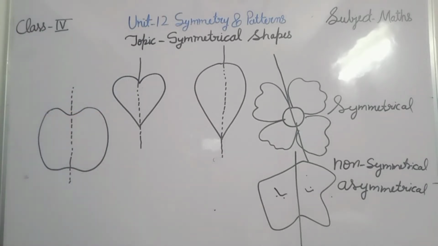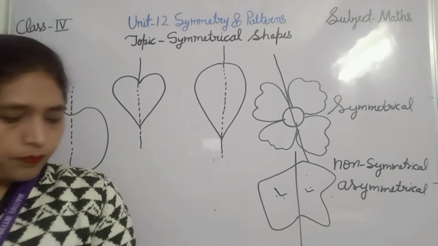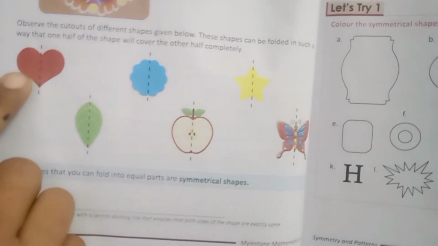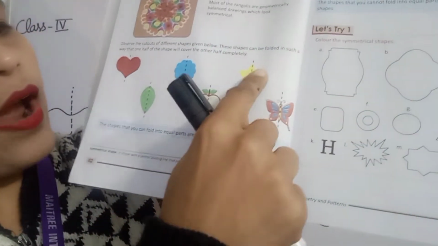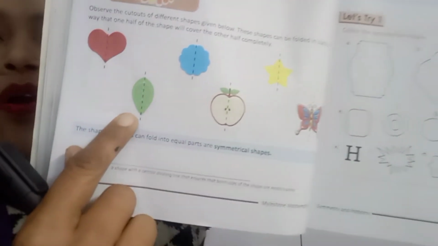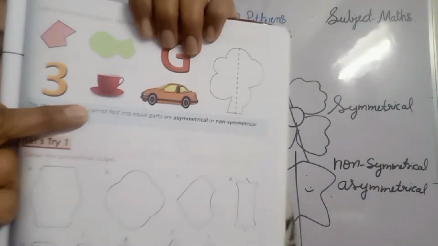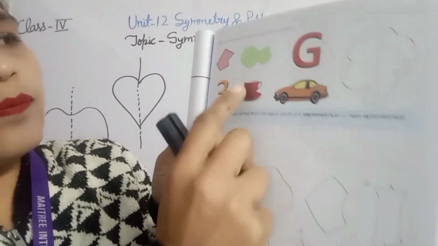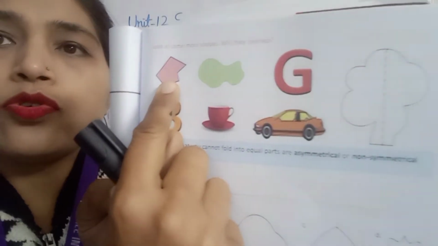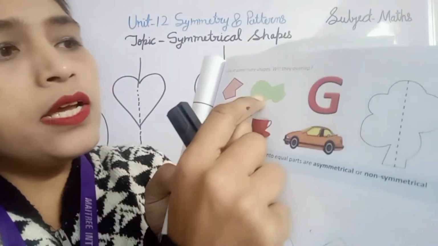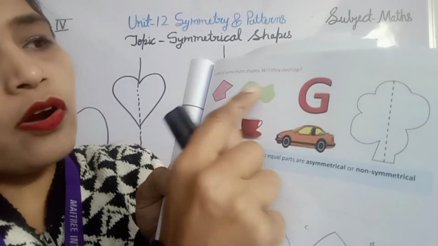See in your book here, page number 62, a few symmetrical shapes are there. If you divide these shapes, you will get both similar parts. So these are symmetrical shapes. And now non-symmetrical shapes, here. If you divide this shape into two parts, you will not get similar parts.